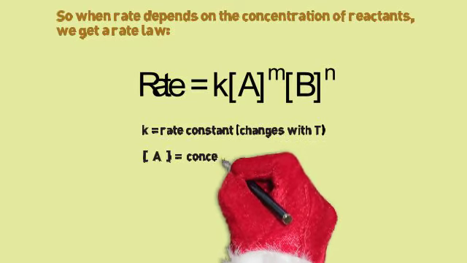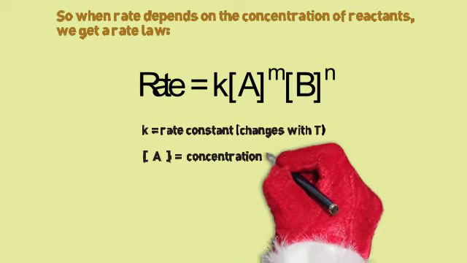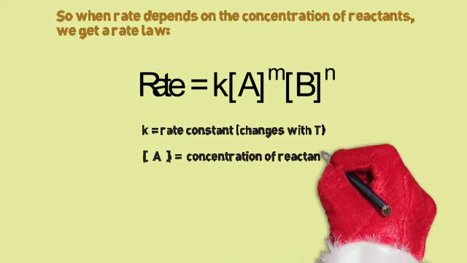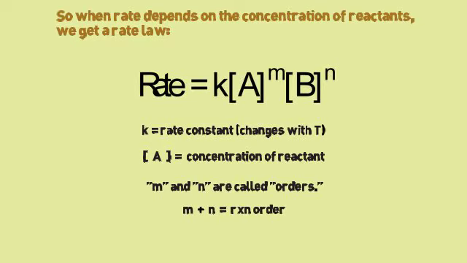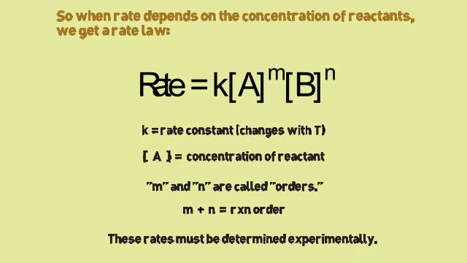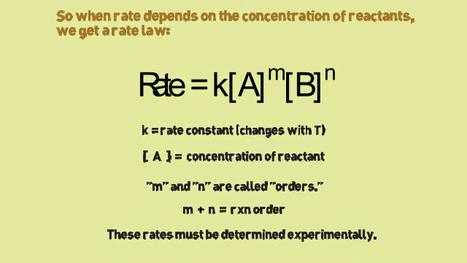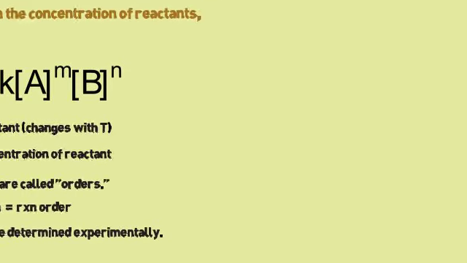The concentration of A is the concentration of reactant A. Lowercase m and lowercase n are called orders, and when you add them together, m plus n, this is called the reaction order. And all of these must be determined experimentally, meaning we cannot predict them in advance. They actually have to be done in the lab.